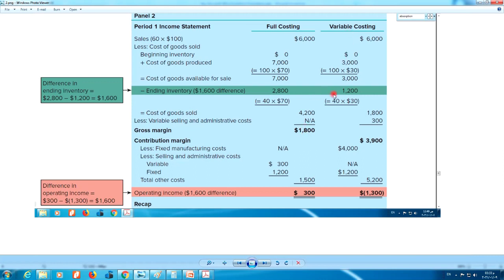Under variable costing, we take cost of goods sold and also add variable selling and administrative costs to reach the total variable cost. The total variable cost consists of two parts: the cost of goods sold, which includes variable manufacturing cost, and variable selling and administrative costs.